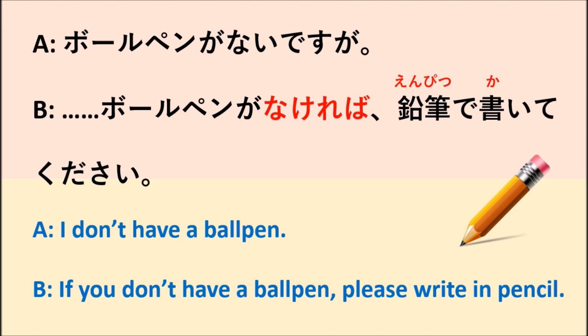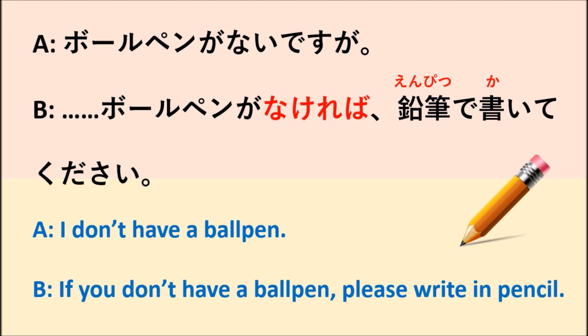Mr. B answers, ボールペンがなければ鉛筆で書いてください。If you don't have a ball pen, please write in pencil. Mr. B wants to create a sentence with if. So ボールペンがなければ is from ボールペンがない, which means you don't have a ball pen. But you change it to なければ to start with if you don't have a ball pen.